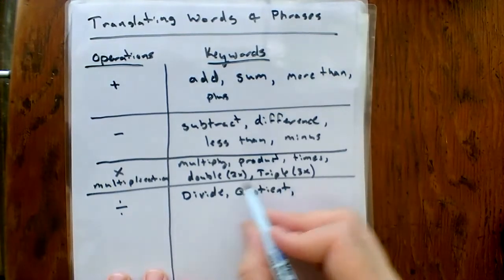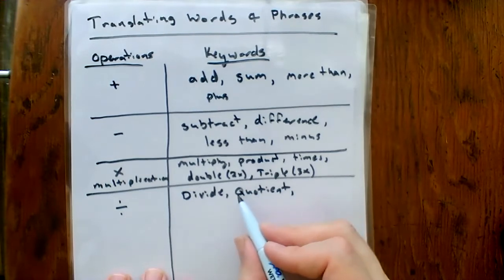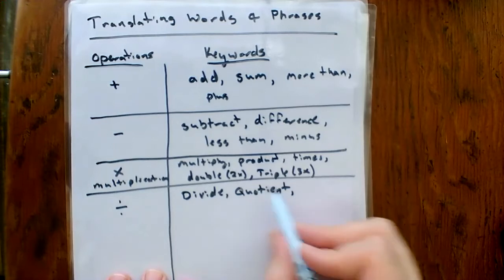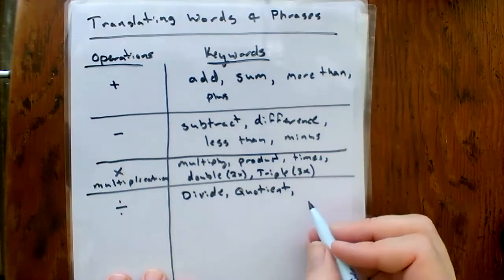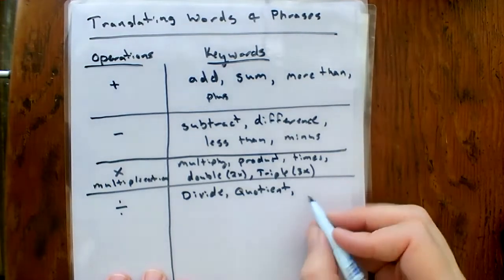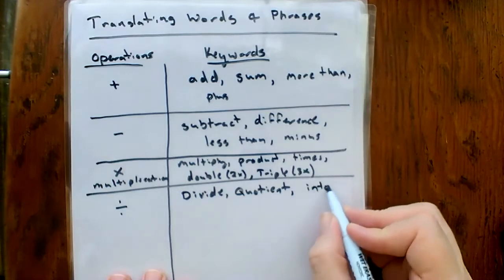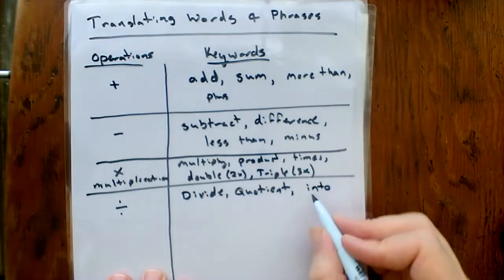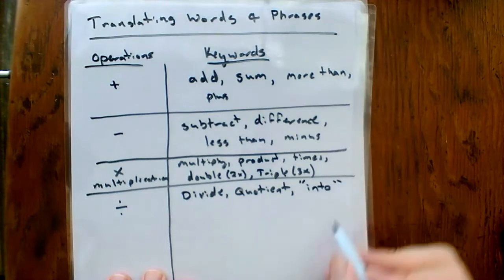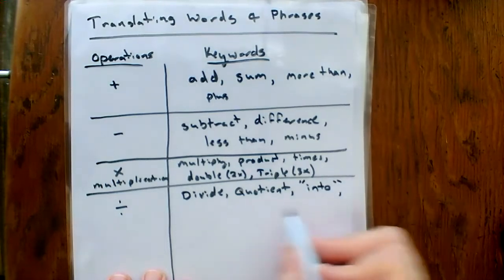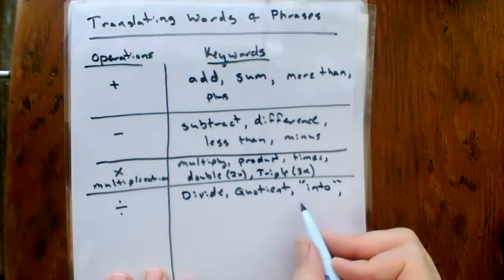Most of the time you might have only seen that in print, but quotient is how that is pronounced. And into is another common word that you're going to use for dividing something into.